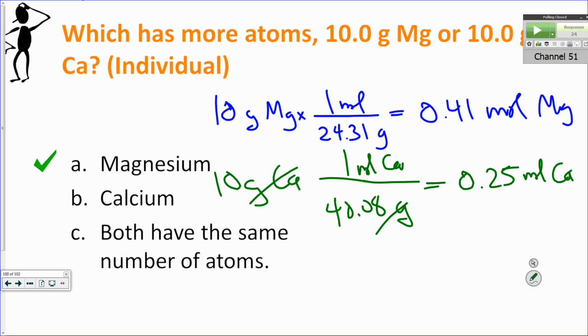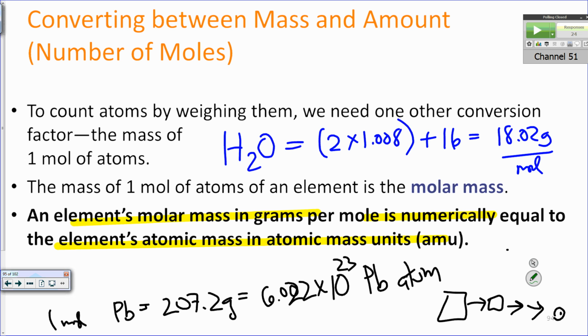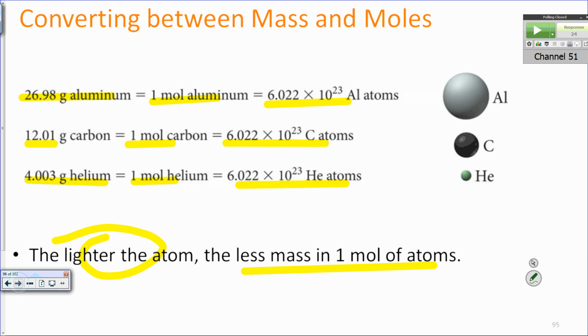And I told you this on a slide a couple of slides back. I went over this exact problem, so in fact I'll show you. Here it is.